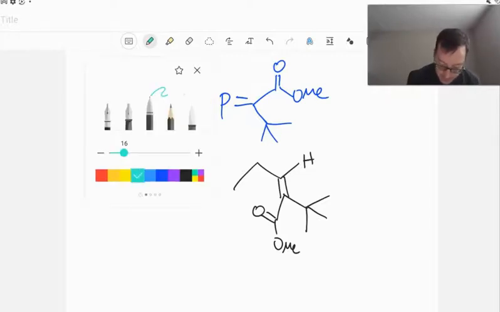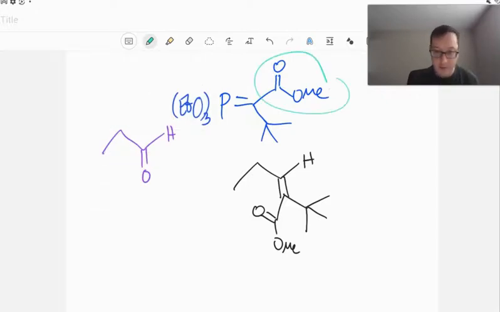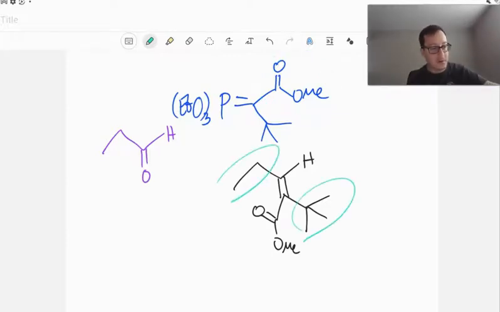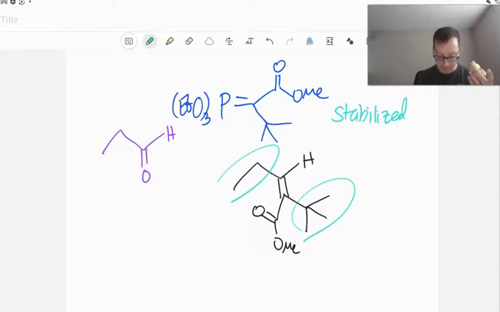It's the same thing as Wittig, yeah. It just uses this. That's the only difference. So stabilized Wittig, special case. But notice you get the trans alkene, as it were. One is stabilized, and the unstabilized one would be the opposite. Correct.